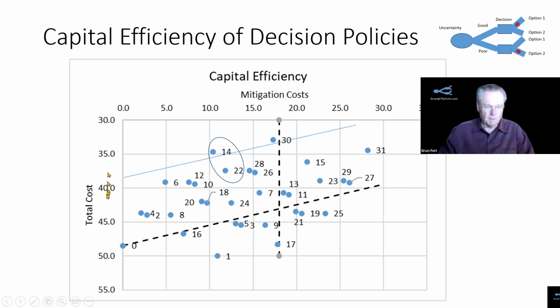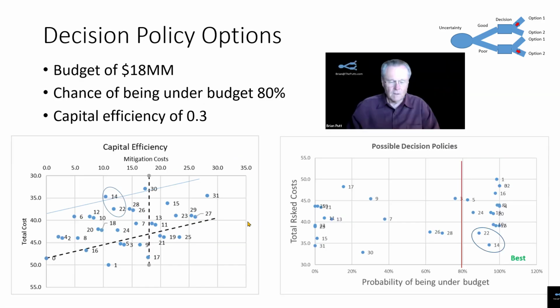And they also have some of the lowest total cost. 30 would appear to be a reasonable alternative. So let's explore that one a little bit further. None of these others are close to being superior. So let's bring these two charts together. Here's the capital efficiency showing 14 and 22. And here's the possible decision policy showing the 14 and 22 total risks on costs on both of these axes.